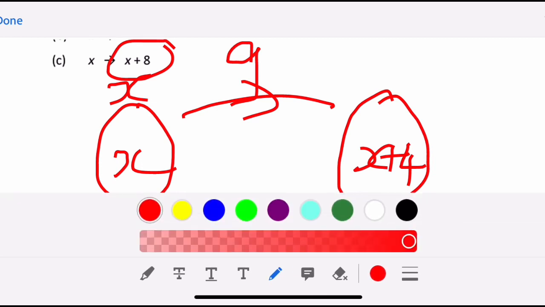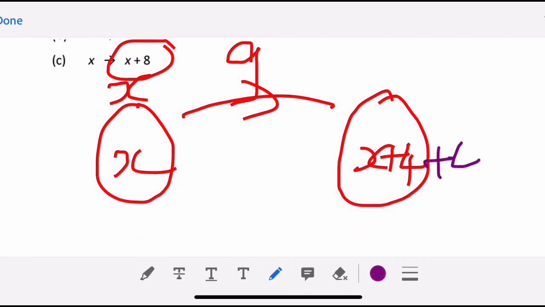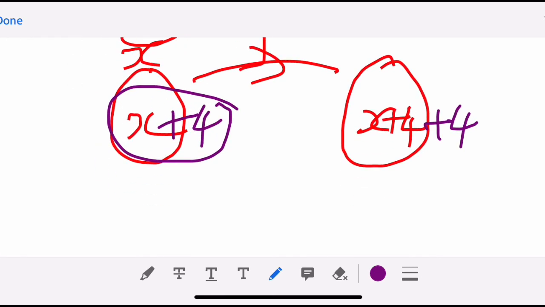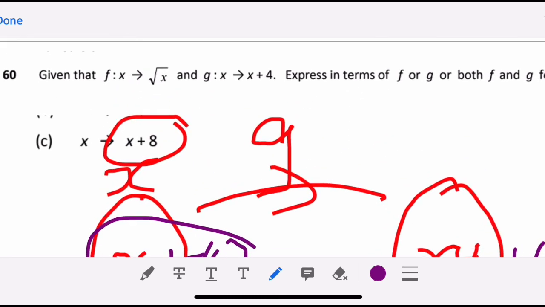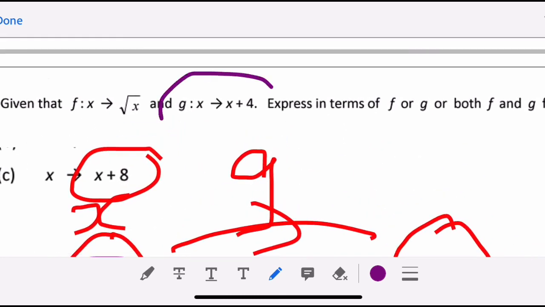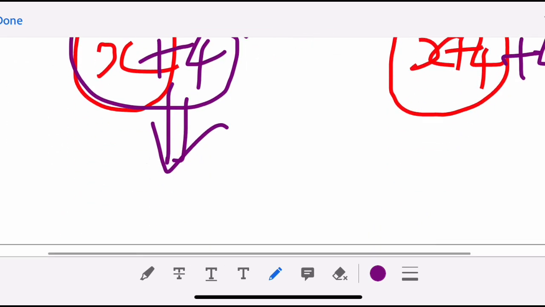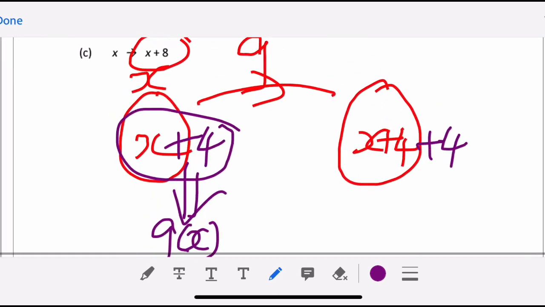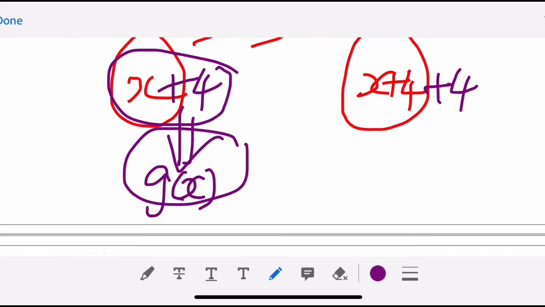Of course, I will try to plus 4 here. So that means this is your object, no more x. And this one should be your function. You go to the question, what is this function? It's g(x) itself. That means the function g will bring the object g(x) to the x plus 8.